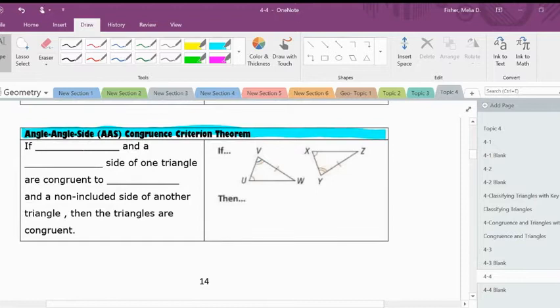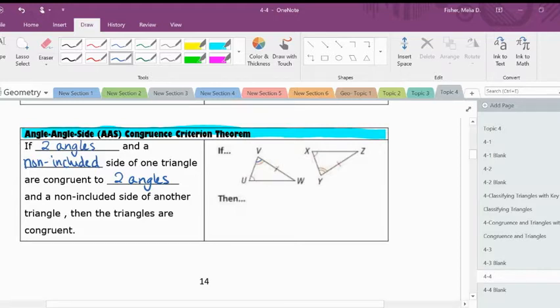The angle-angle-side congruence criterion theorem states that if two angles and a non-included side of one triangle are congruent to two angles and a non-included side of another triangle, then the triangles are congruent. So if it's not included, then it is not between.